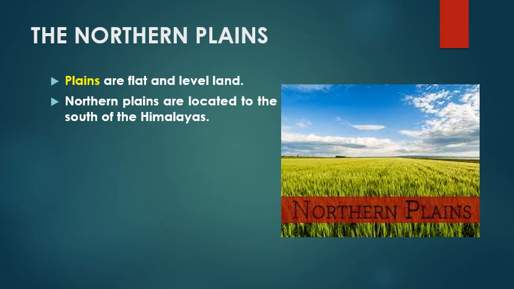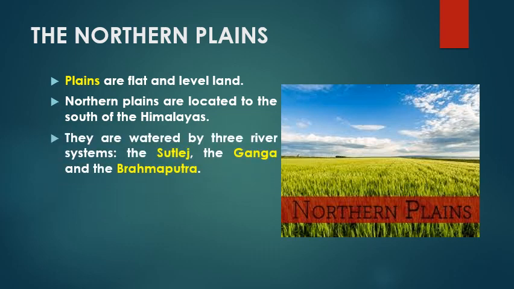So the northern plains are just at the bottom of where the Himalayas end. They are watered by three river systems, the Satluj, the Ganga and the Brahmaputra. So these are the three main rivers that give water in these northern plains.